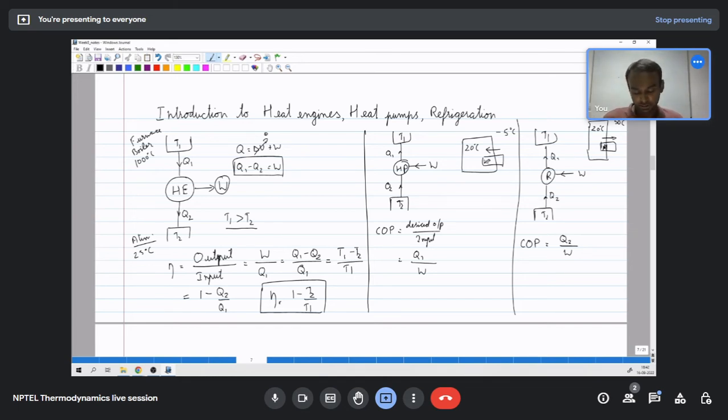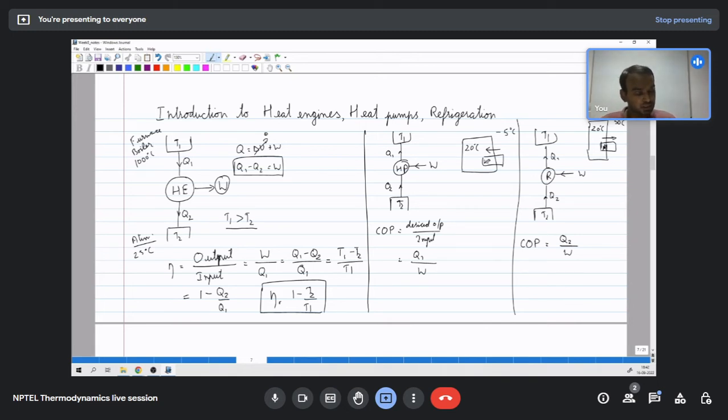And in case of heat engine we call it efficiency, and in case of heat pump and refrigerator we call it coefficient of performance. So the coefficient of performance will most of the time be greater than 1, and theoretically it is much greater than 1.